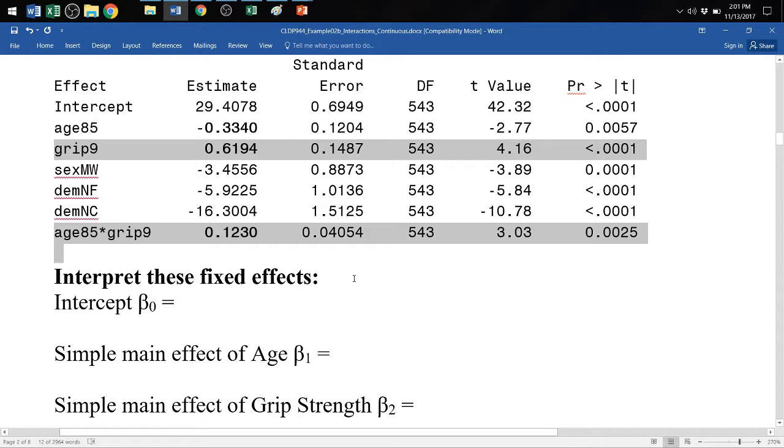For every year older, the simple main effect of grip becomes, which kind is this? More positive, yes. If you're 86, your grip strength effect is 0.12 more than if you're 85. So grip strength matters more in older people.